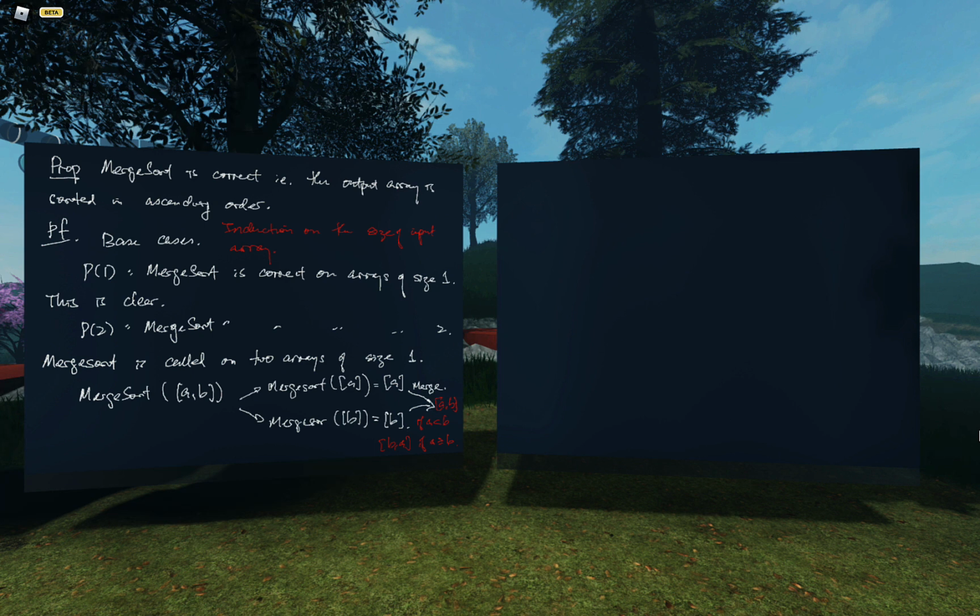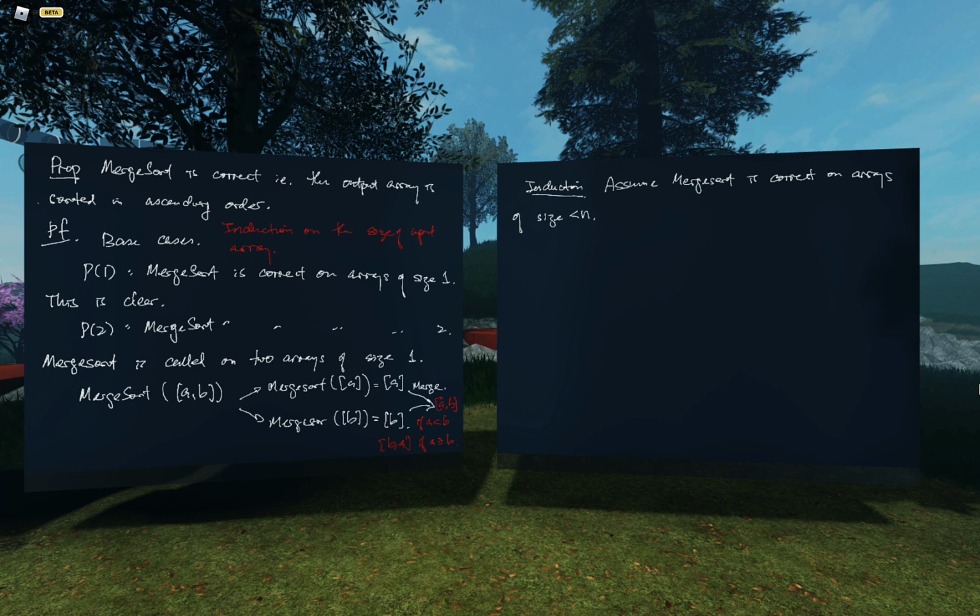And so this is actually most of the argument. The induction case looks very similar to the case we just did, just with more things in it. So the induction step is that we assume merge sort is correct on arrays of size less than n, right?